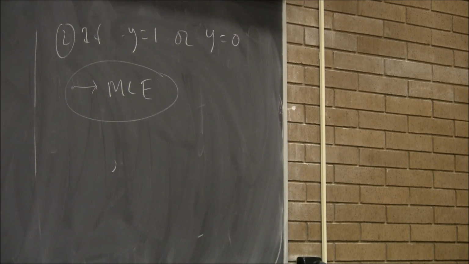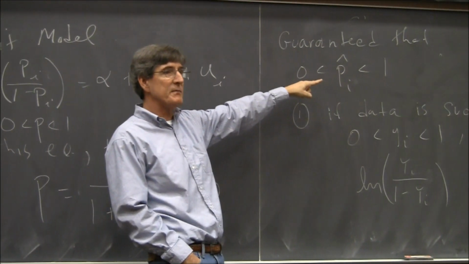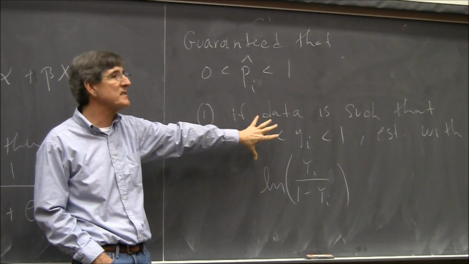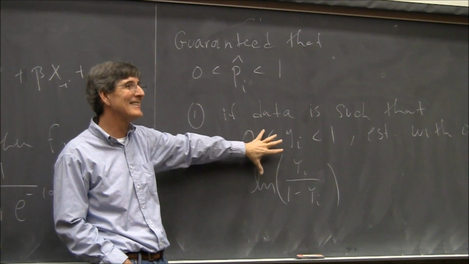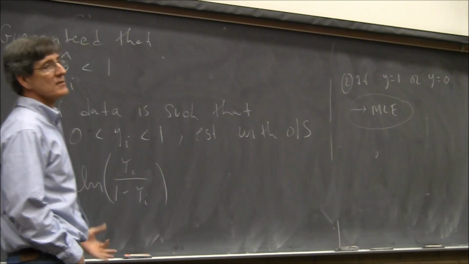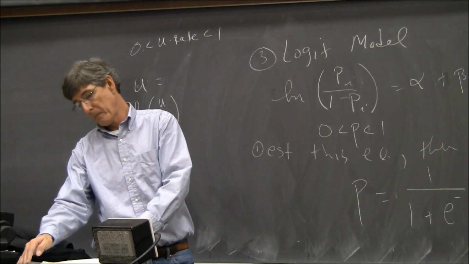So this is what I want you to know. Here's the model. It's nice because we're guaranteed that p is between 0 and 1. It's not hard to estimate in this case. You just use OLS. In the other case, you use MLE. And so really that's what I want you to know.